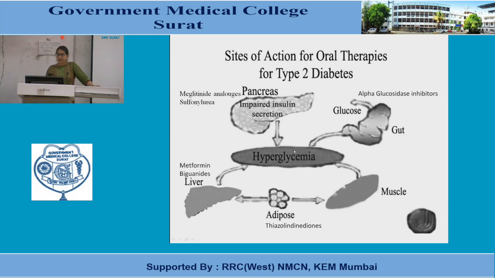All these are leading to hyperglycemia. At the level of the liver, where there is gluconeogenesis, drugs like metformin and biguanides act, and the thiazolidinediones act at the adipose tissues, where they prevent the breakdown of fat to make more glucose.